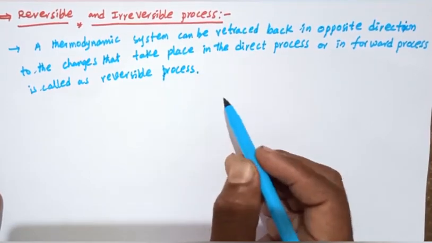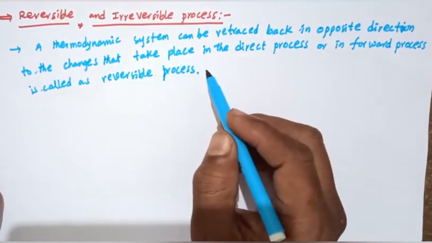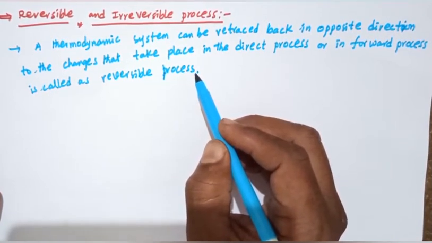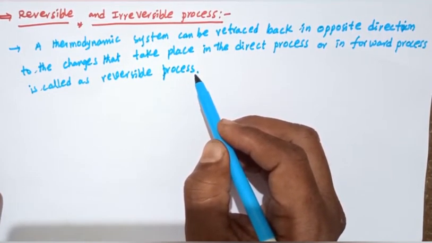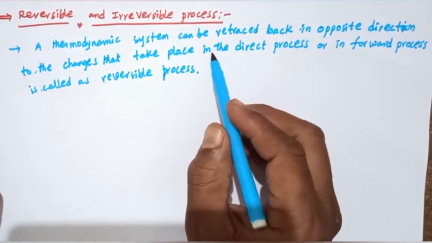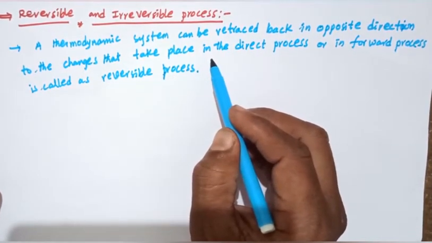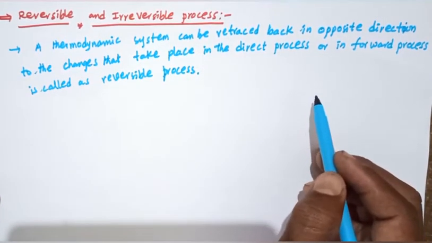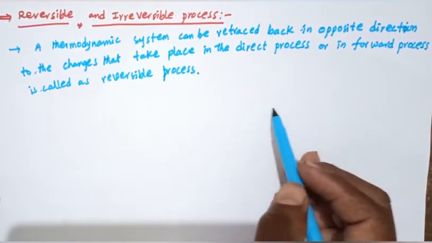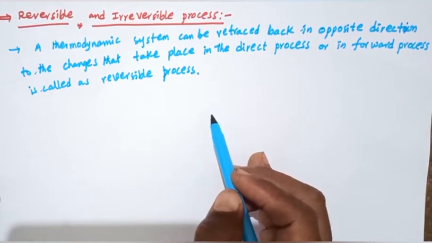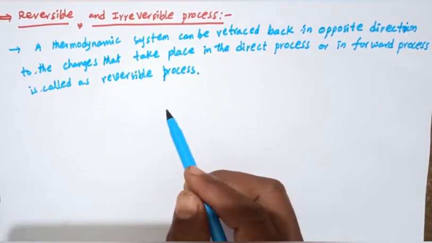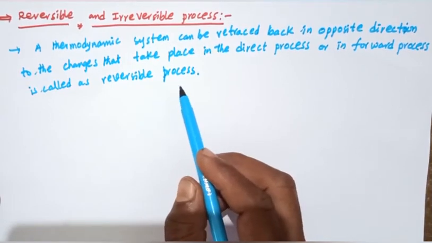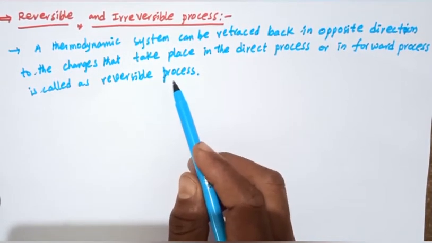We have already discussed the adiabatic process and the isothermal process. When the gas goes through isothermal expansion, then adiabatic expansion, and then comes back through adiabatic compression and isothermal compression, it returns to the initial position.